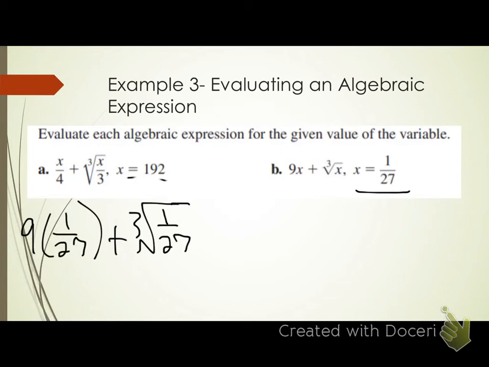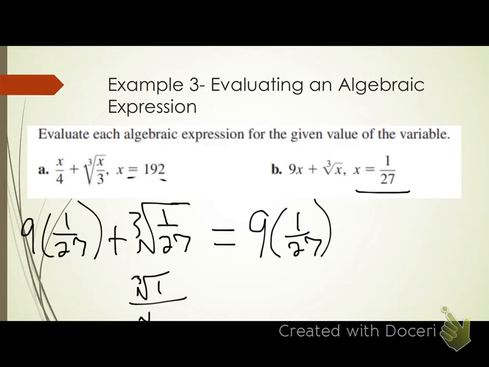So luckily, 1 over 27 is something that I can take the cube root of. So I still have my 9 times 1 over 27. Breaking up my fraction, the numerator with its own cube root, the denominator with its own cube root. Cube root of 1 is 1. Cube root of 27 is 3.